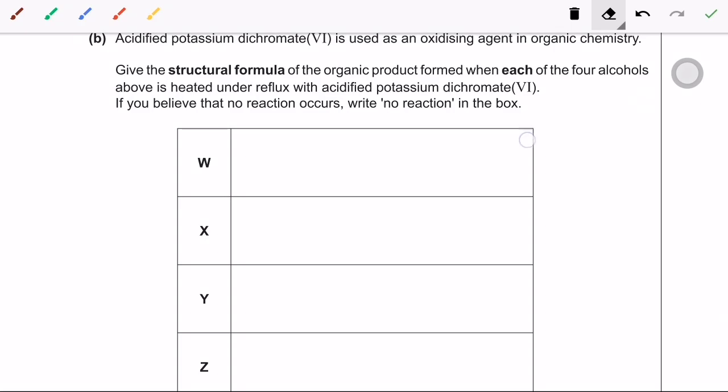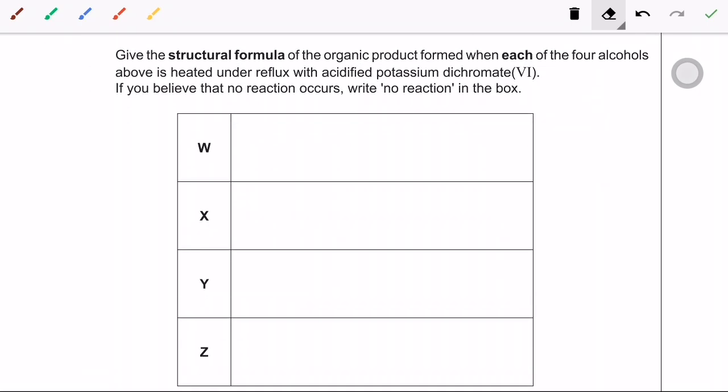So potassium dichromate is an oxidizing agent. What happens if you oxidize alcohols? It is obvious. You will have carboxylic acids, right?